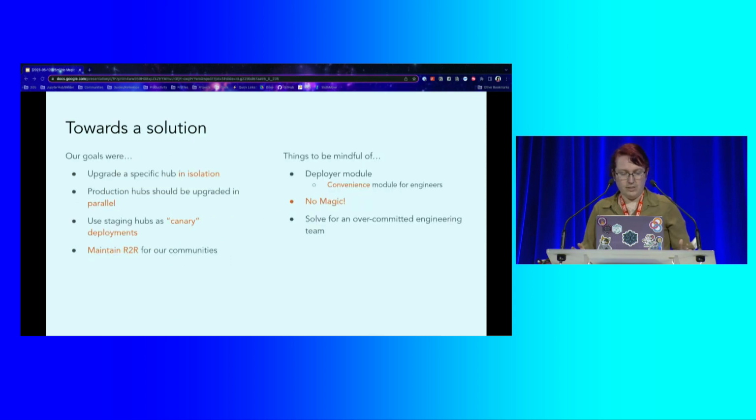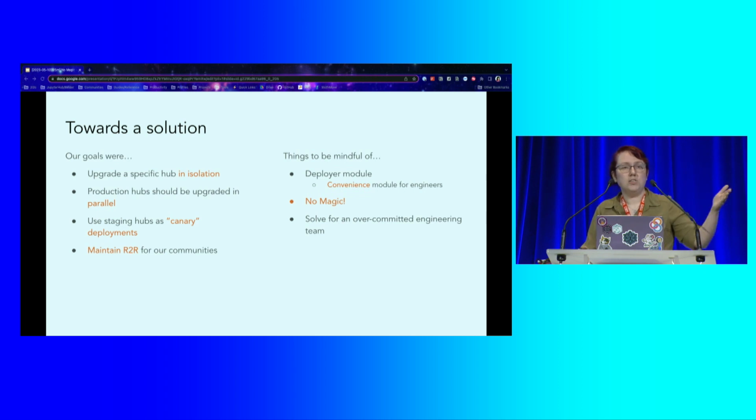So how are we going to solve this issue? Our goals were we wanted to be able to upgrade a specific hub in isolation if the changes we were making did not need to propagate to all hubs. Any of our production hubs should be upgraded in parallel, regardless of what cluster they sat on. And we wanted to use staging hubs as canary deployments.